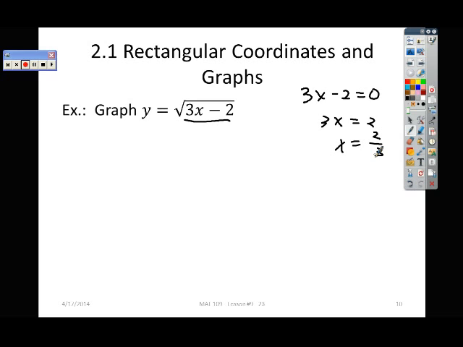That I can plot. Anything smaller than plus 2/3 will give me a negative number in here. Anything greater than positive 2/3 will give me an answer. So, if possible, and you should be able to, find that starting point. That's a very important point for a graph like this. Where does that line actually begin? It's not going to infinity, so where does it begin?